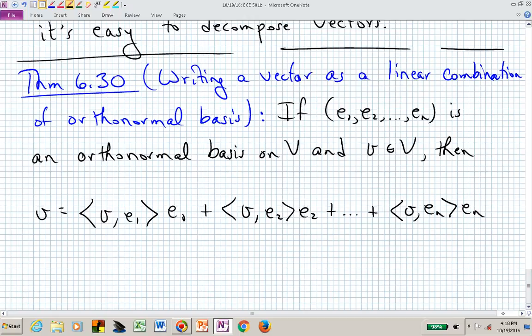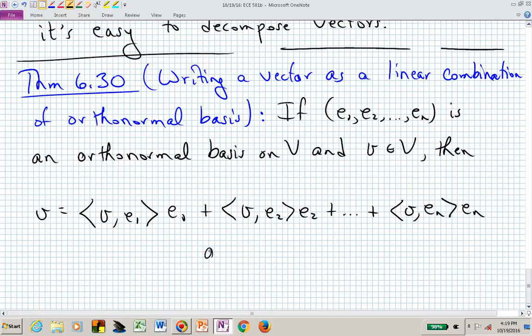That's a way we can decompose, or express, any generic vector v in our vector space, capital V, as a linear combination of this orthonormal basis, e1 through e sub n.